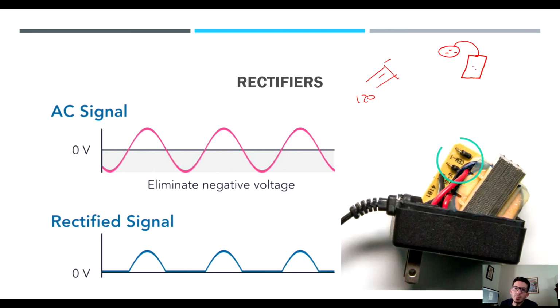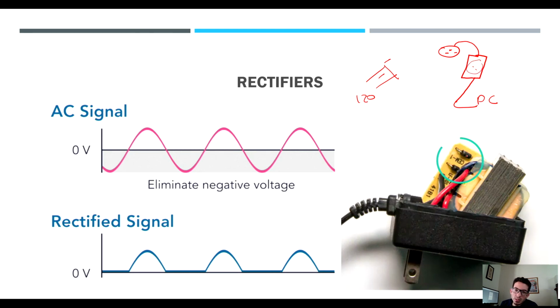The rectifiers are in here because your laptop takes DC voltage and current, but you're connecting your laptop to charge the battery to the wall. So the rectifiers are in here, and they look like this.